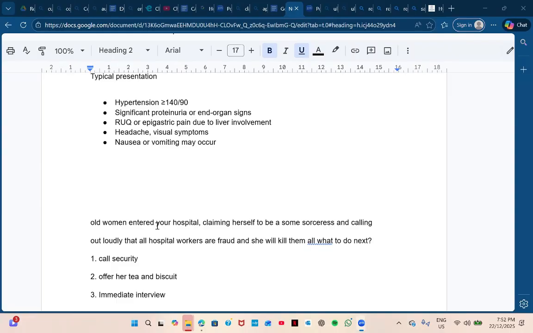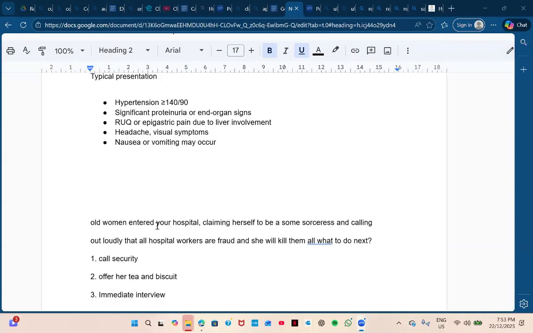First we have to think about our security, then call security, then after assessment and immediate review and detention according to the mental health act, after calming down we can offer her tea and biscuit. If we offer tea and biscuit first, we are dead, so don't forget it.